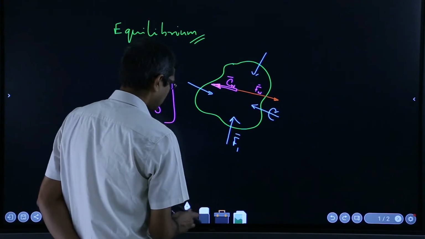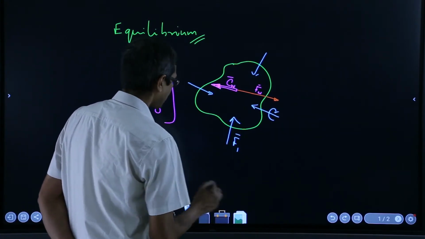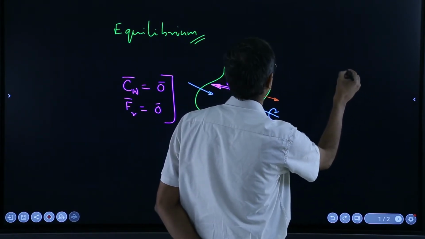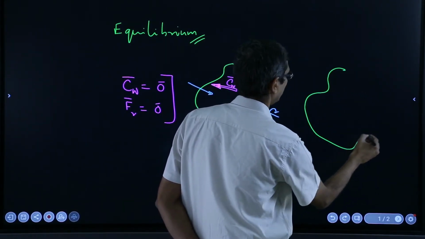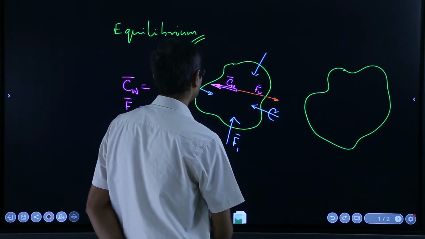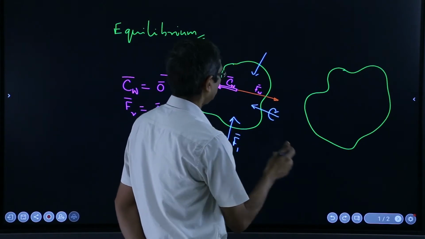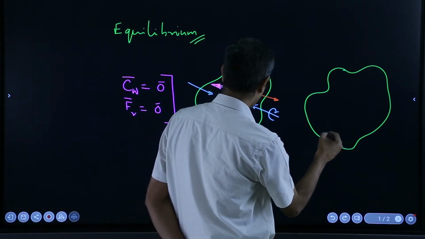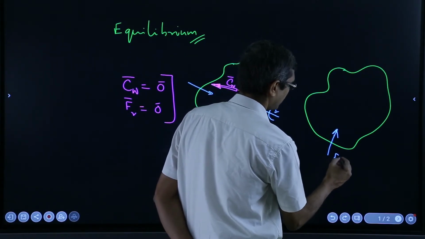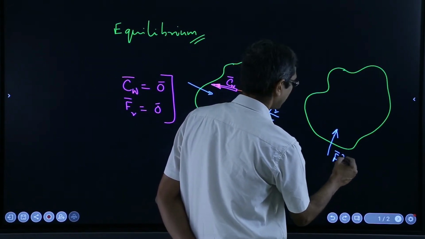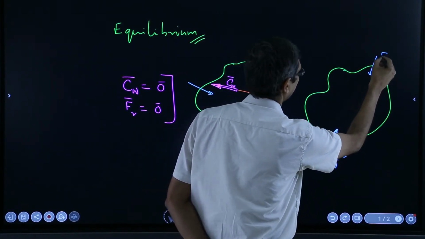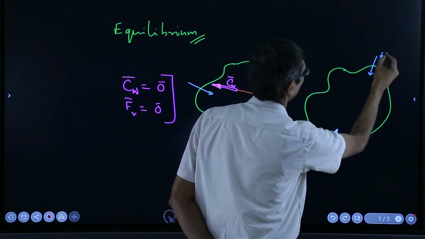Or the other way to look at it is, what I'll do is I'll draw another picture. So it is the same body, and now out of these forces, maybe this one was a reaction force, F1 reaction, and maybe this also was F2 reaction.